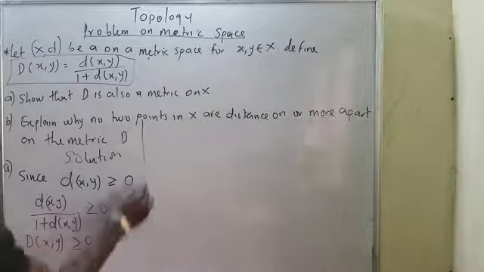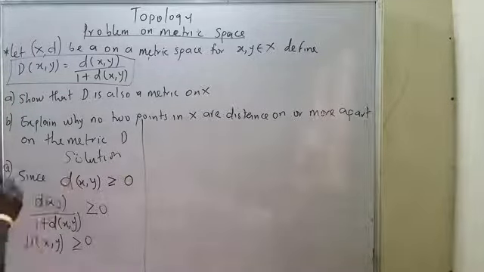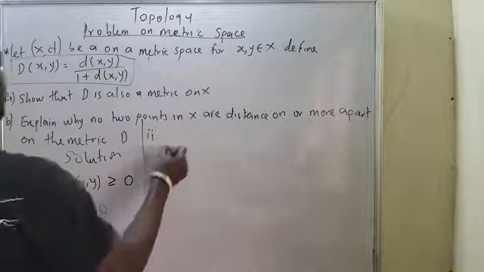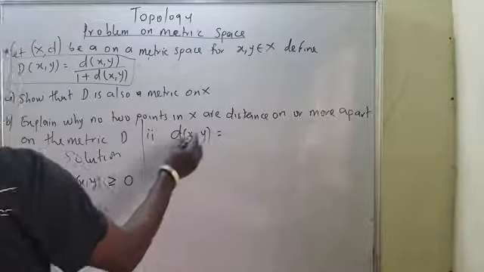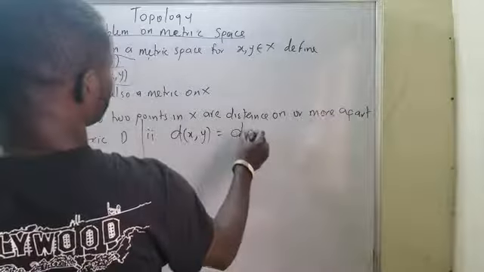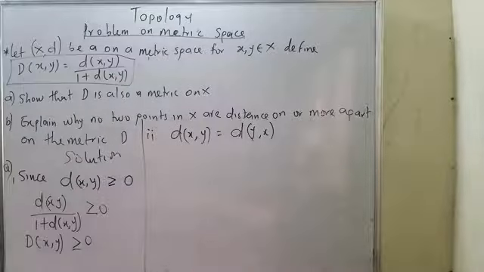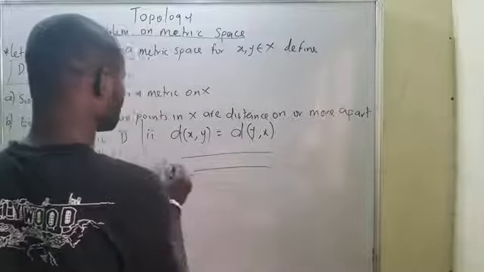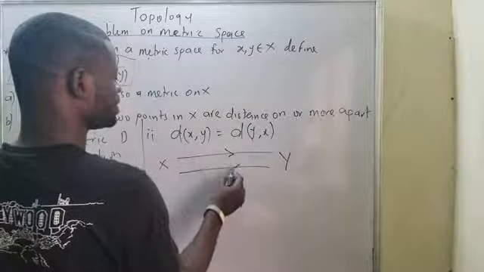Now, the second thing I want you to know is the second condition, condition 2: d of x, y will be equal to d of y, x. I've explained that when you have a distance like this between x and y, going is also the same thing as coming.